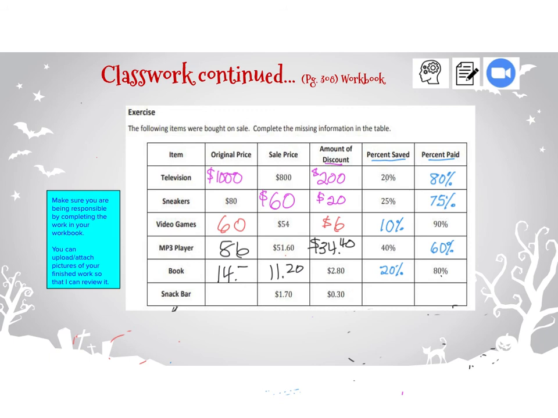So that means that for the total price, I'm going to add those two and I get $2. So if the sale price is $1.70 and the original price is $2, what kind of percent is that?